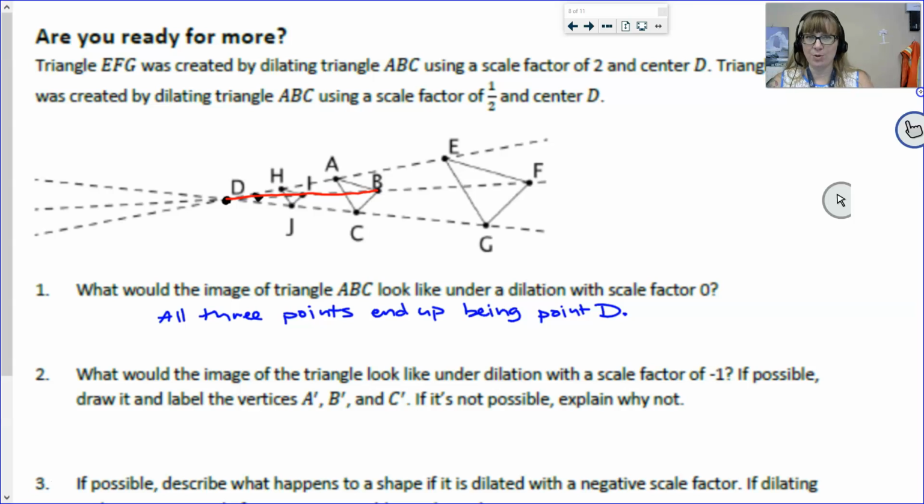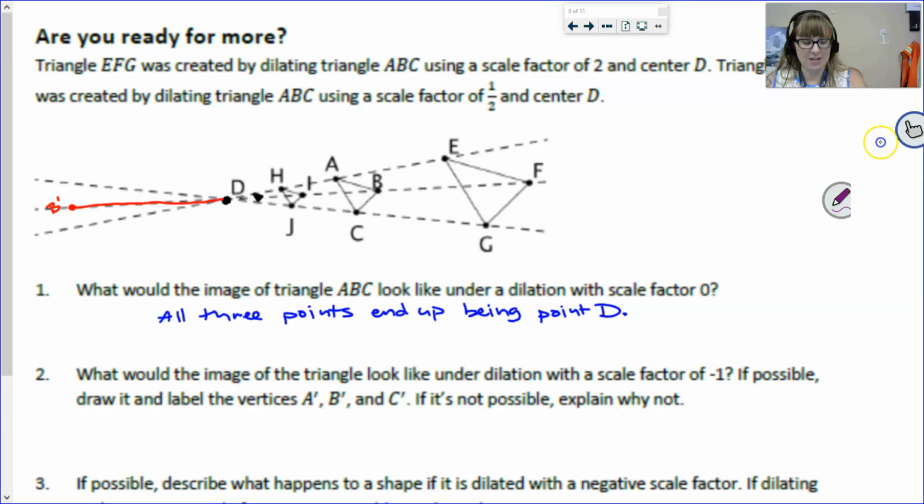That would be a scale factor of 1. If I just multiply everything by 1, it's going to stay exactly the same distance that it is, and so it will be in place there. So what if I multiplied it by a -1? These numbers are getting smaller and smaller until I get even smaller in the negatives. And -1 would be that same distance away, but on the other side. So here is where point B prime would be.